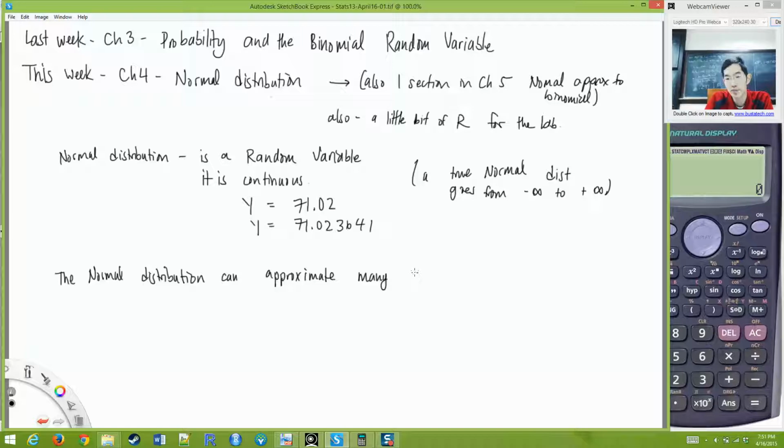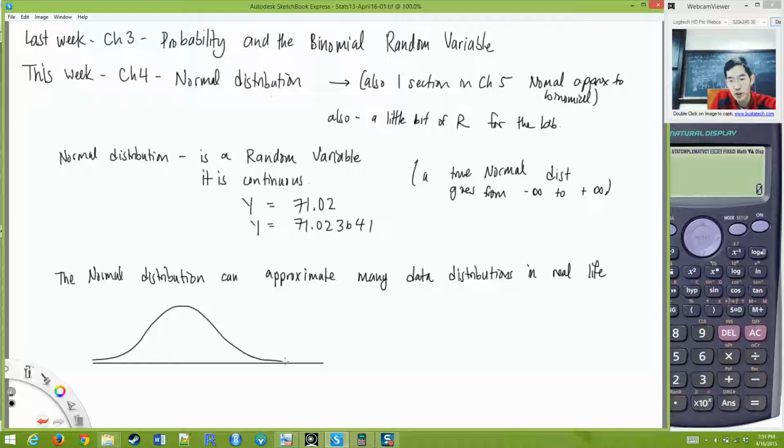Many data distributions in real life. Okay, so the normal distribution looks like what is known as the bell curve. Okay, it's unimodal and symmetric.